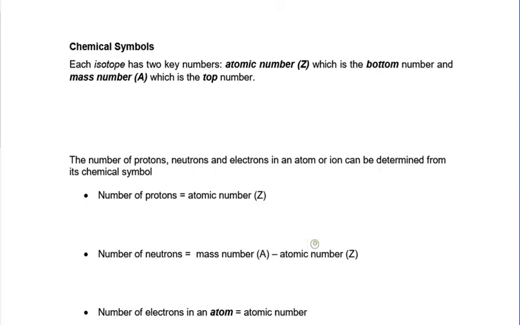So here we go in our notes. Each isotope has two key numbers. We've got the atomic number, which is at the bottom and tells us the number of protons, and we've got the mass number, which is at the top, which is protons plus neutrons.